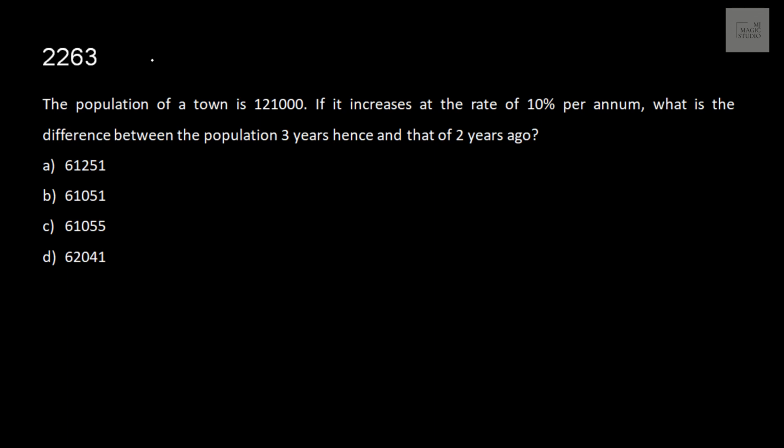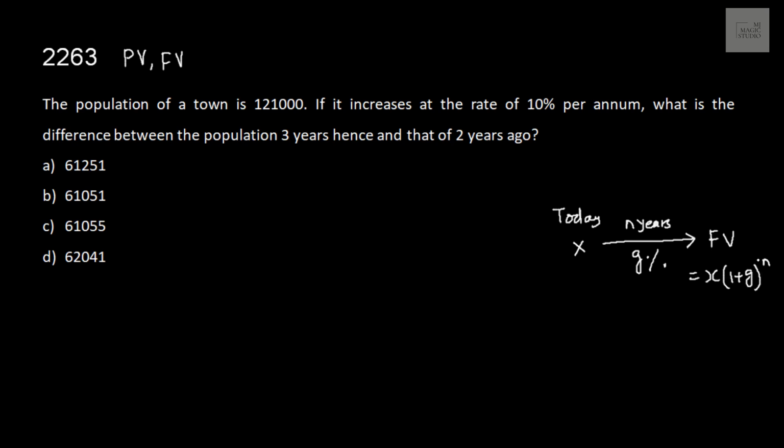A beautiful question to learn the concept of present value and future value. If today we have amount X in our hand, and we want to know what will happen after n years to this amount if it grows at the rate of g% per annum compounding, then this is known as future value, and it is given by x into 1 plus g to the power n.